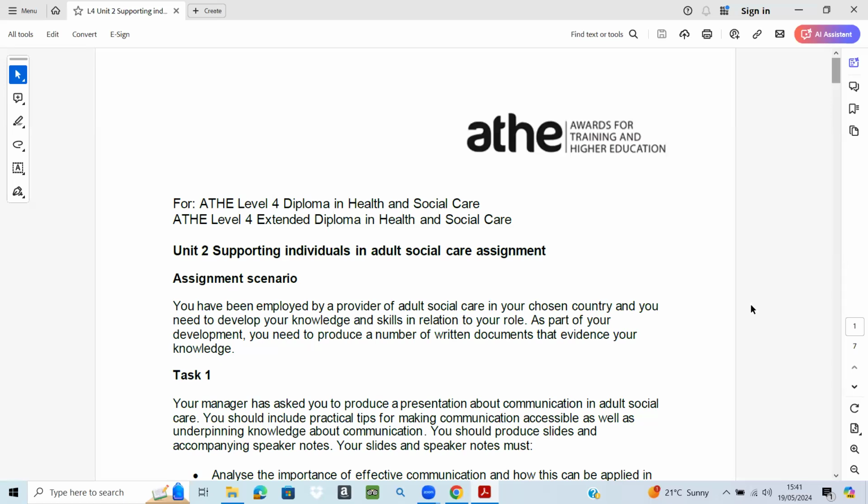We also discussed the GDPR and Data Protection Act. Then we discussed consistent policies and procedures. These are vital for maintaining transparency and ensuring that all staff members are aligned in their documentation process.